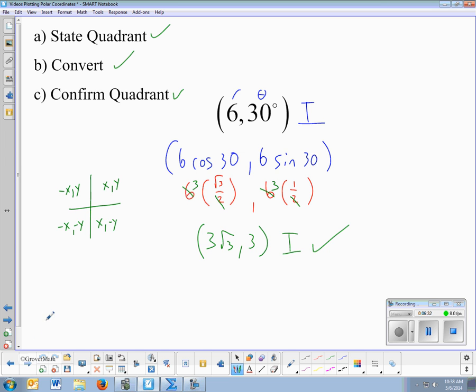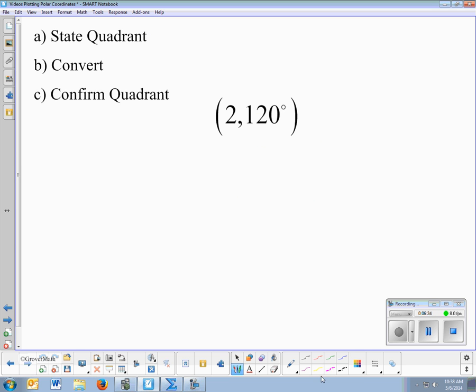Let's look at another example. So here's number 2. 2 comma 120 degrees. I want to change it to 2 cos 120 comma 2 sine 120. Just like that. And I'm really going to turn that into 2 times whatever cos 120 is and 2 times whatever sine 120 is.